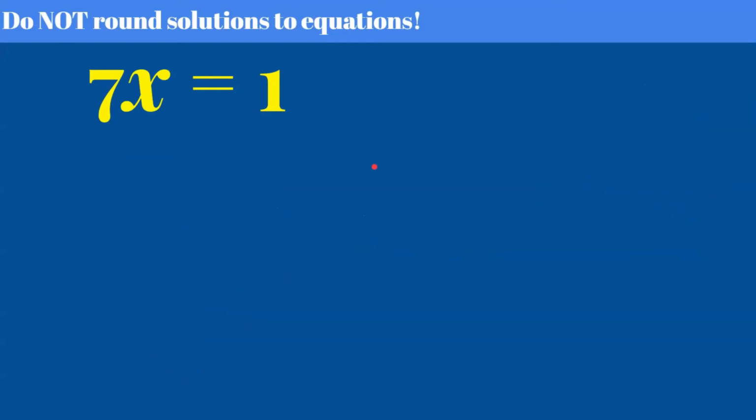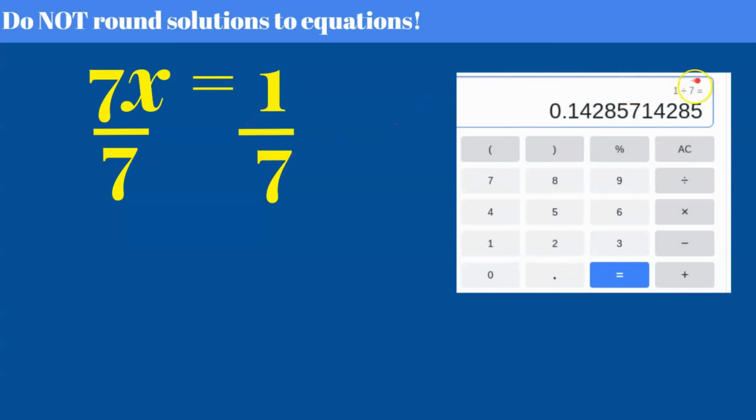So here's an example with an equation, and we do not want to round solutions to equations because when we go back and check our work, it would not be an accurate representation. So let's solve this. To solve this equation, we want to use inverse operations. So we're going to divide both sides by 7. Then I have to do this math: 1 divided by 7. If you go to your calculator and type in 1 divided by 7, you get this long decimal.